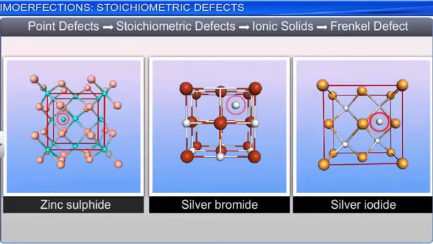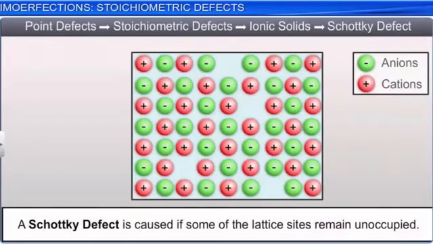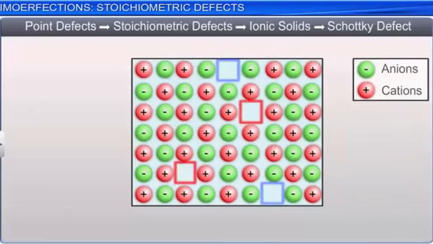A Schottky defect is caused if some of the lattice sites remain unoccupied. The number of missing positive ions is equal to the number of missing negative ions, and thus the crystal remains electrically neutral. Unlike a Frenkel defect, a Schottky defect causes a decrease in the density of a substance.